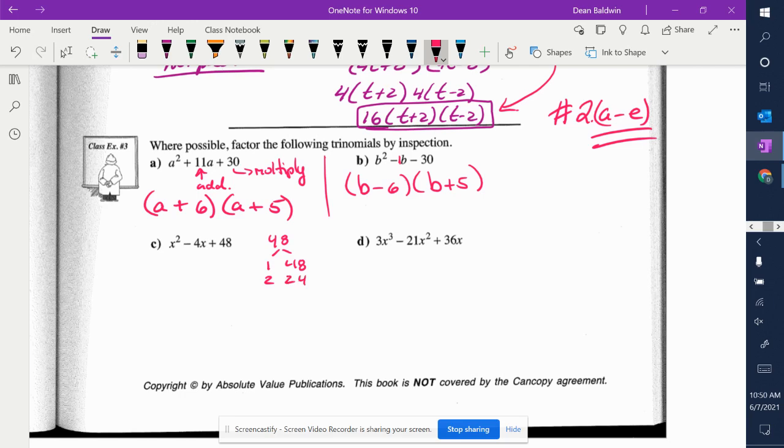Does 3 multiply to it? 16 and 3. What about 4? 4 and what? Would 5? Nope. 6. 6 and 8.